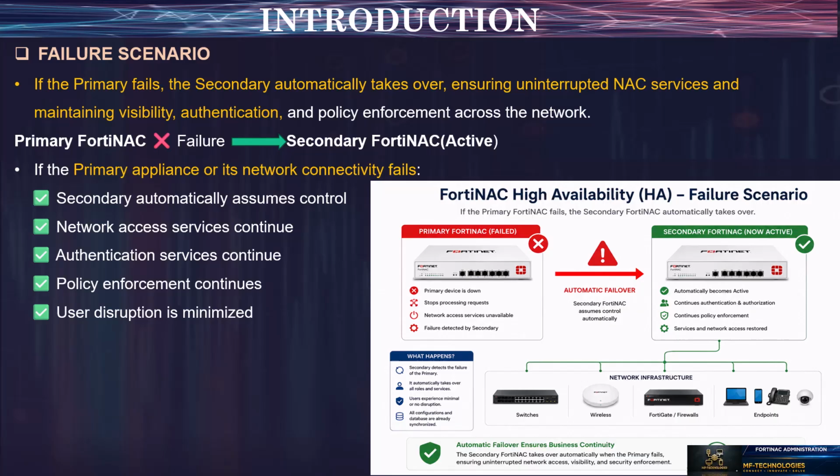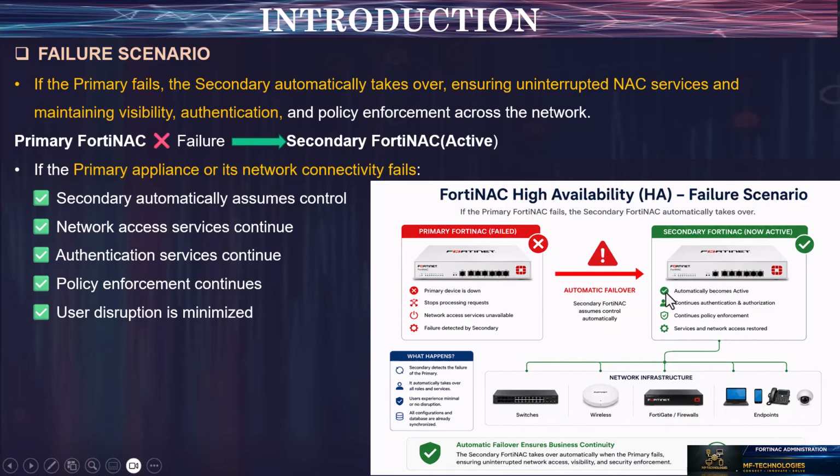Authentication continues, device visibility continues, policy enforcement continues. From the user's perspective, the interruption is either very short or completely unnoticeable. This is why high availability is considered best practice for enterprise environments where continuous operation is critical.